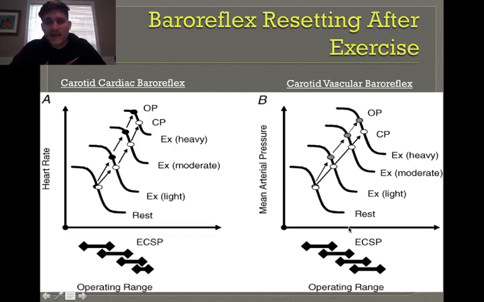While the vasculature response, right, the changes in the vasculature tone during physical activity, there's still going to be an upward shift, but that operating range remains the same. And so what does this mean? It means that basically as we increase the intensity of exercise, the cardiac response is going to contribute less and less to the actual regulation of mean arterial pressure.